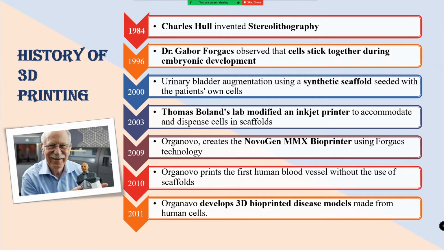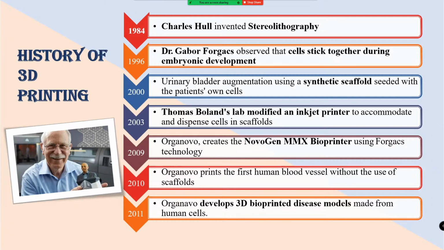History of printing. In 1984, Charles Hull invented stereolithography. In 1996, Dr. Gabor Forgacs observed that cells stick together during embryonic development. In 2000, urinary bladder augmentation was done using a synthetic scaffold seeded with the patient's own cells.